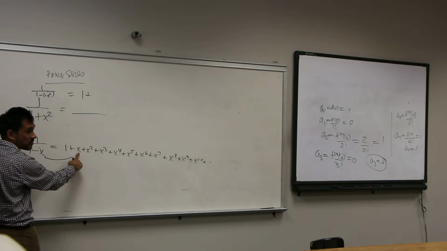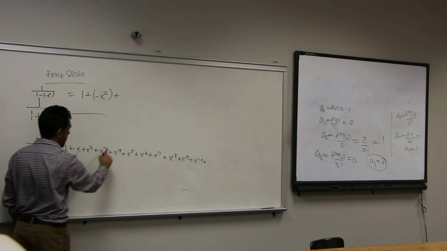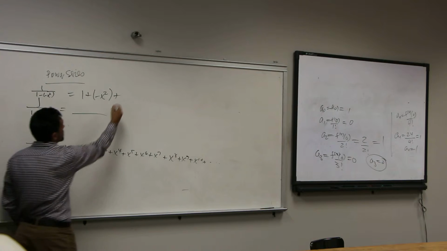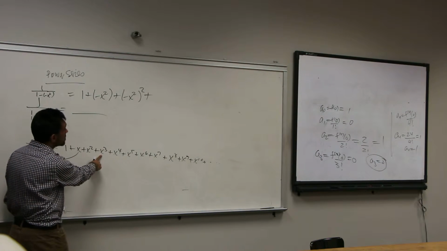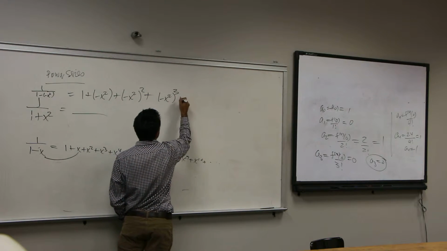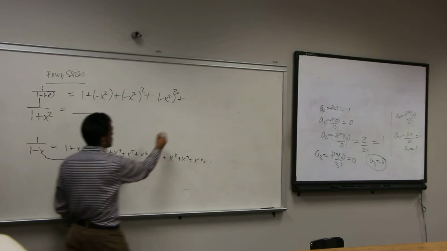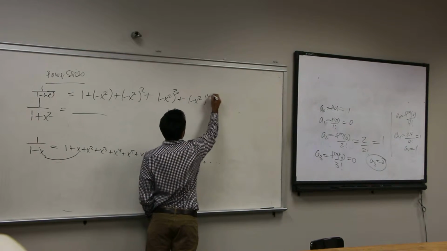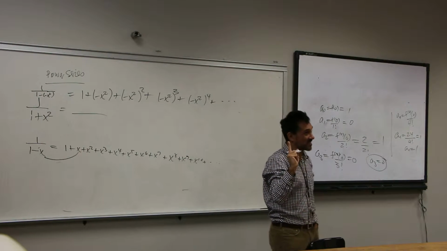1 plus negative x squared plus negative x squared squared plus negative x squared cubed plus, etc. You will say that was a neat trick.